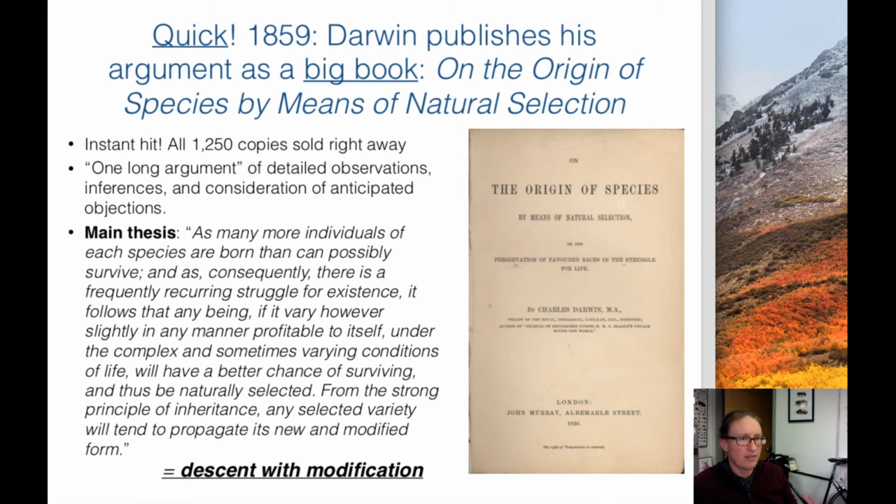And here's the major thesis that Darwin presents in this book. And I'm just going to read this out to you. His idea was: As many more individuals of each species are born than can possibly survive, think Malthus, and as consequently there is a frequently recurring struggle for existence, it follows that any being, if it vary however slightly in any manner profitable to itself, under the complex and sometimes varying conditions of life, will have a better chance of surviving and thus be naturally selected.